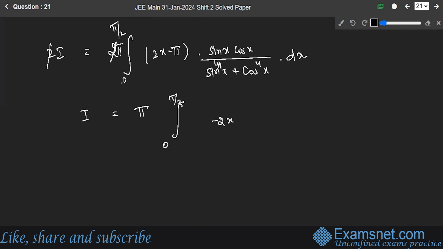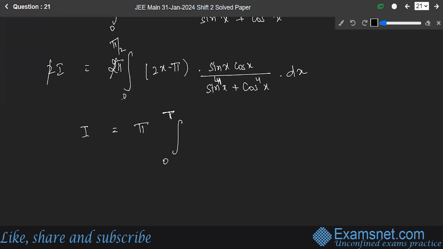This is minus 2x sine x cos x, pi by 2. This is 2 into x. Now I'm again applying the King's rule again. So x will be changed to 0 plus pi by 2 minus x. Okay. Minus pi. This thing.